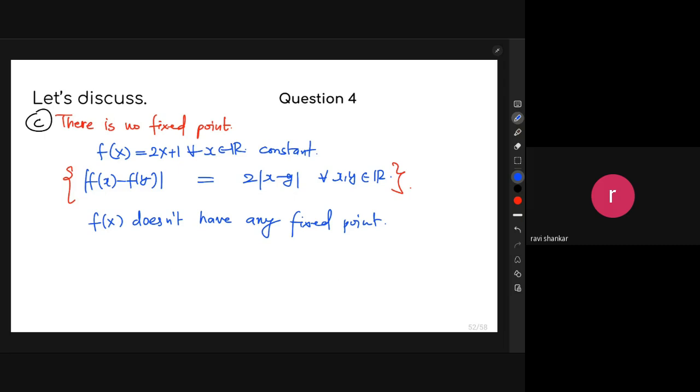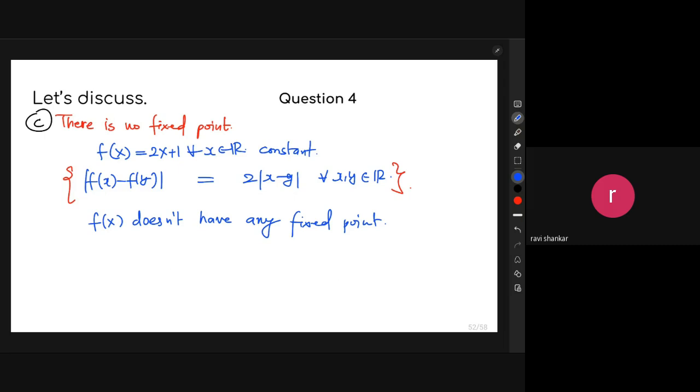So the function needs to be something which is not linear. Okay, clearly I haven't thought much about this part.